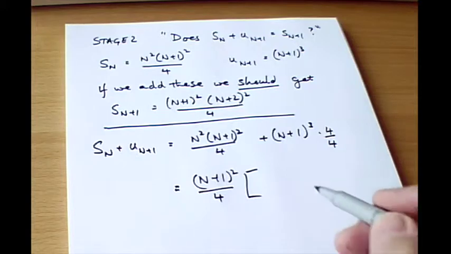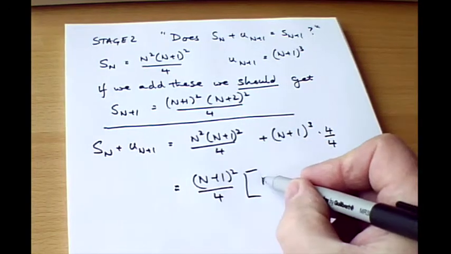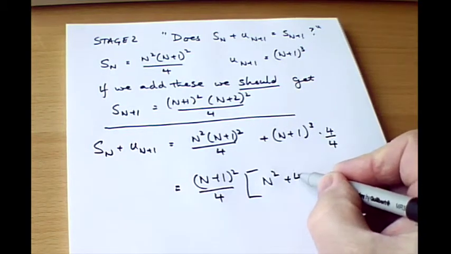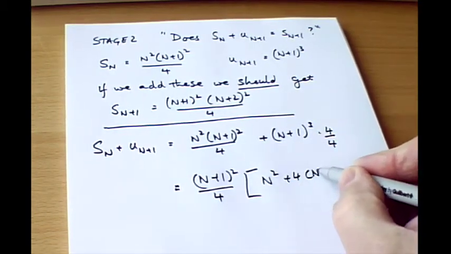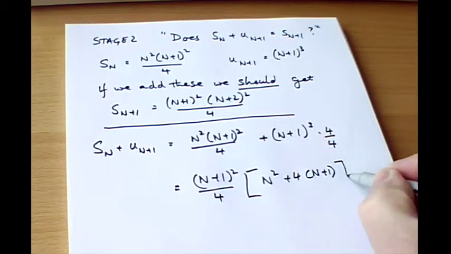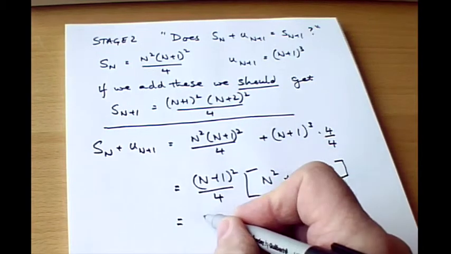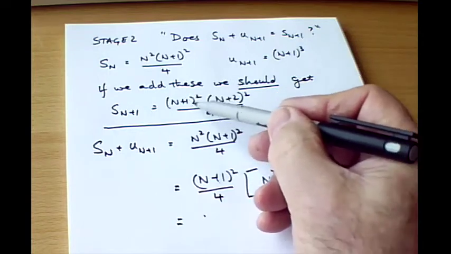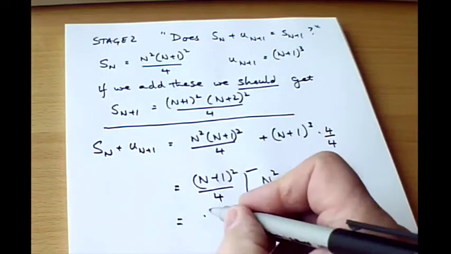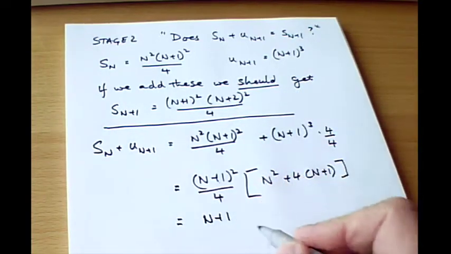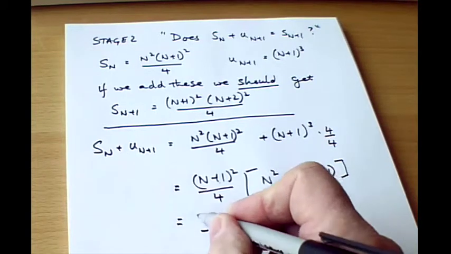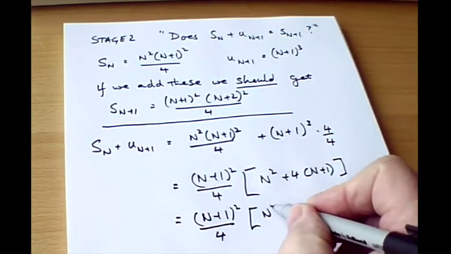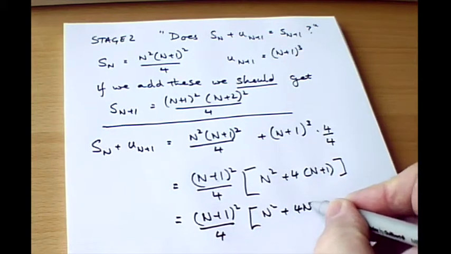Let's factorise it out. I've got n plus 1 squared over 4, that's just n squared, and I've got 4 lots of n plus 1. This part of the formula, my n plus 1 squared over 4, is exactly what I'm looking for. The remainder of the formula is going to be n squared plus 4n plus 4.